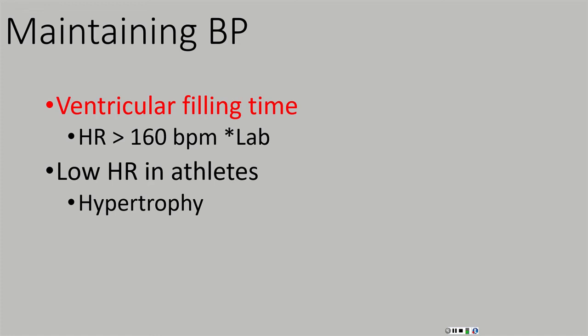And if we're wanting to maintain cardiac output at that 5.25 liters per minute, and someone's heart is so strong that their stroke volume is very high, what happens to heart rate? Heart rate can drop. And it can drop scary low.